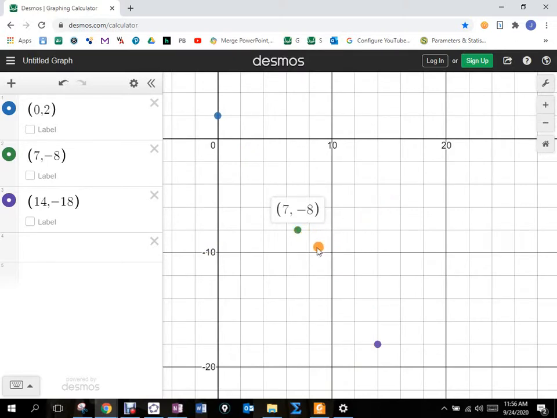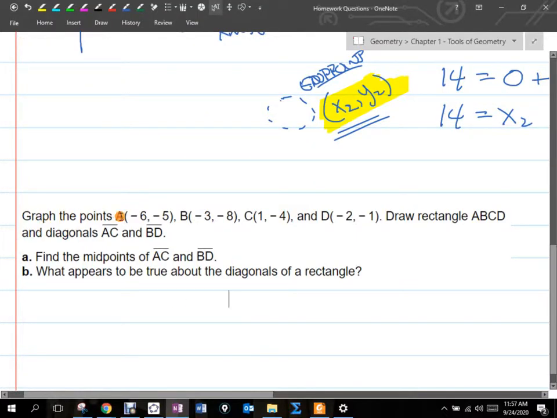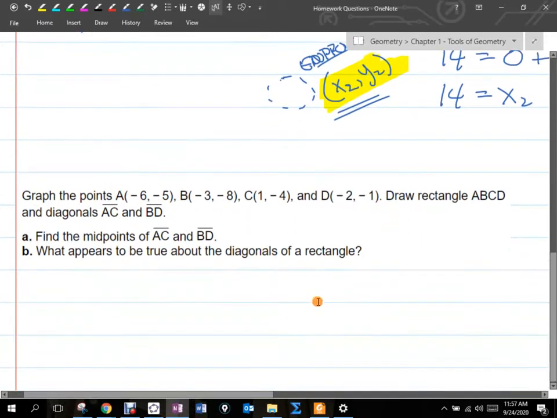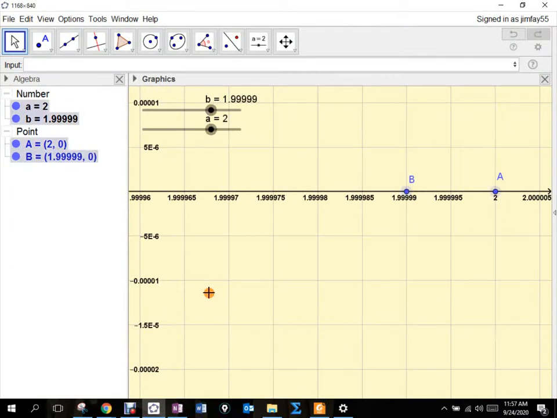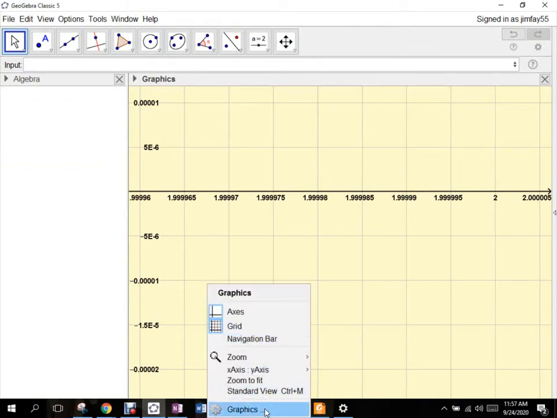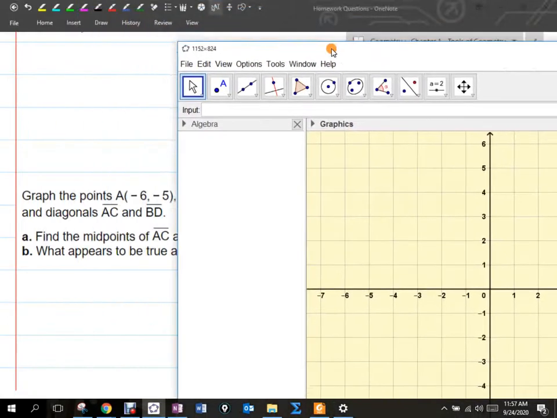Okay. Guys, so here's the thing right now. I'm speaking. So we're taking graph, it says graph these points, and then draw rectangle ABCD. Okay, so when we plot these points, and I'm just going to do this quickly, it allows me to do it a lot quicker and cleaner if I do this stuff in GeoGebra or Desmos.